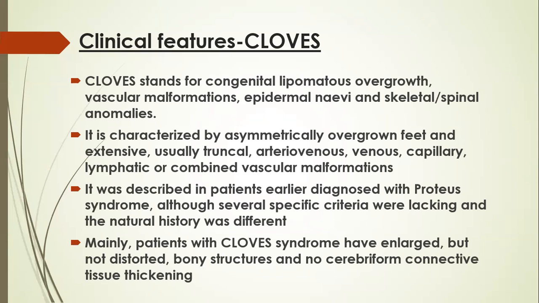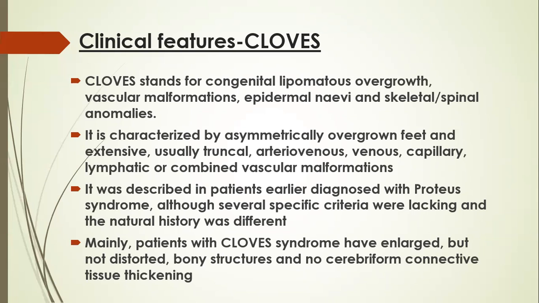So CLO, congenital lipomatous overgrowth, V vascular malformation, E epidermal nevi, and S skeletal or spinal anomalies. It is characterized by asymmetrically overgrown feet and extensive, usually truncal, arteriovenous, venous, capillary, lymphatic, or combined vascular malformation.